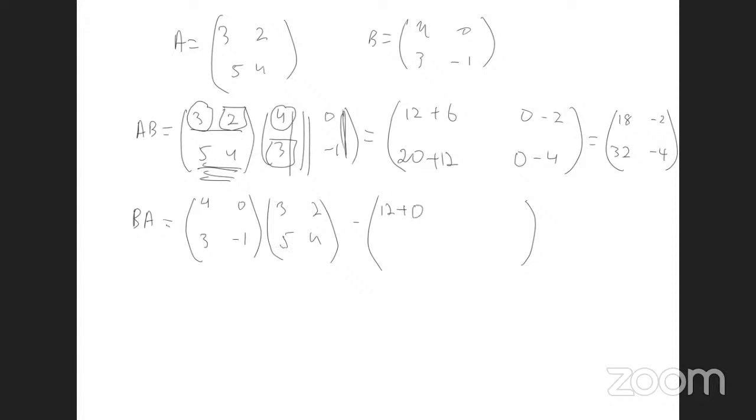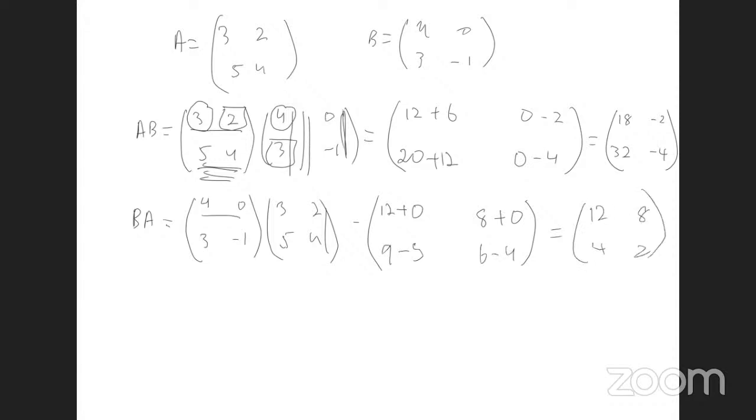What's the next one? Right, go by column here, so that's 8, and then 0 by 4 is 0. Go again. Next one. 3 by 3 is 9. Then minus 1 by 5. Again, 3 by 2. So you end up with 12, 8, 4, 2.